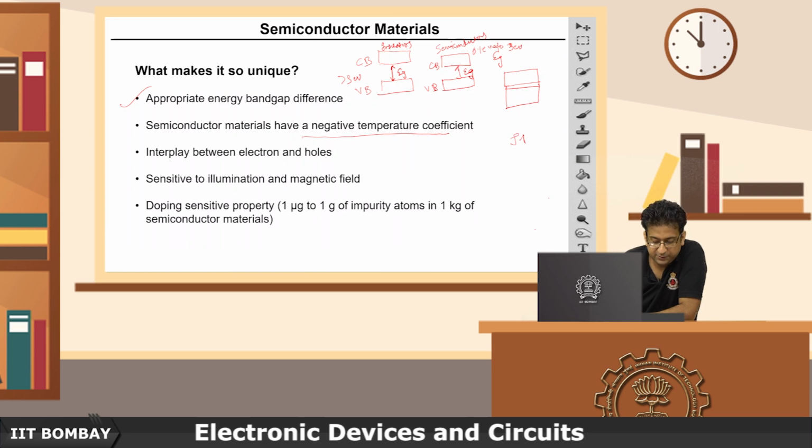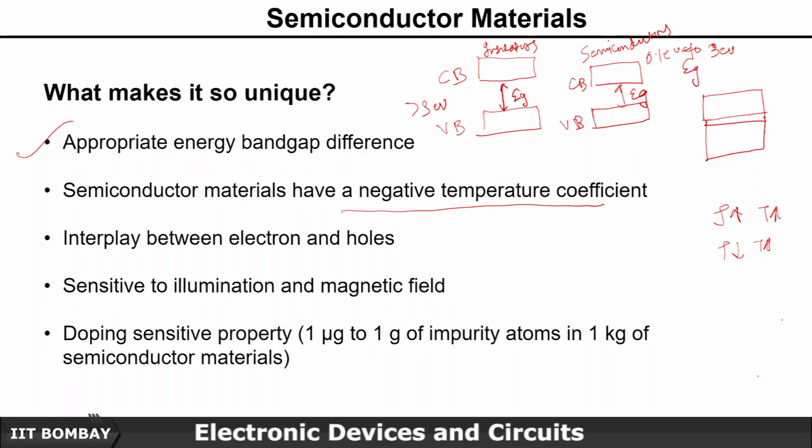But in case of semiconductor materials, resistivity can go down over a range of temperature with increase in the temperature. So in other words, conductivity goes up. So this is negative temperature coefficient for resistivity basically. So that is also very important.